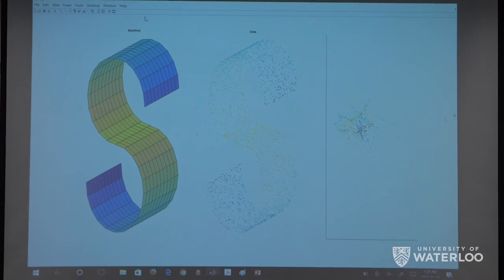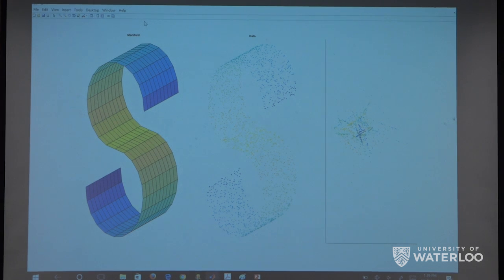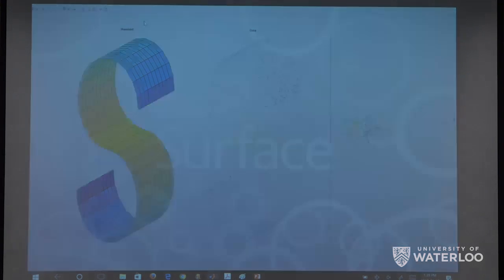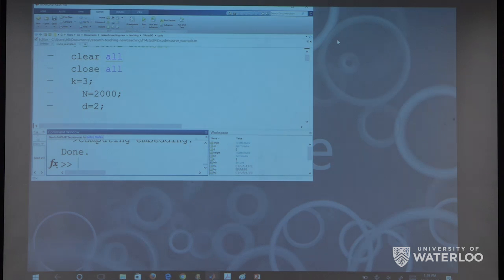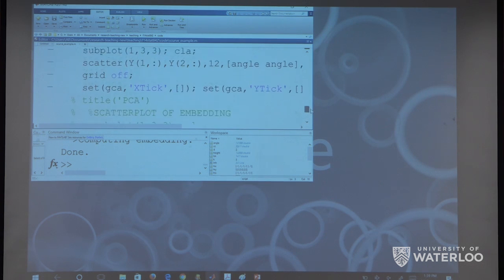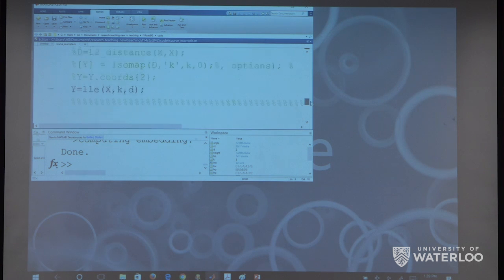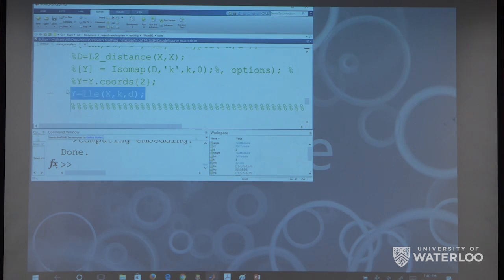It doesn't make any sense. So that was LLE.